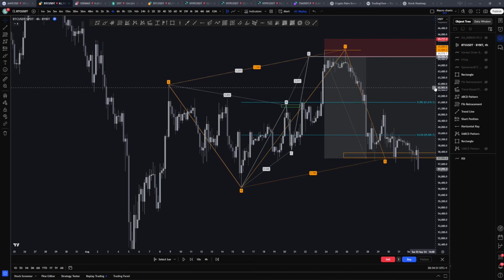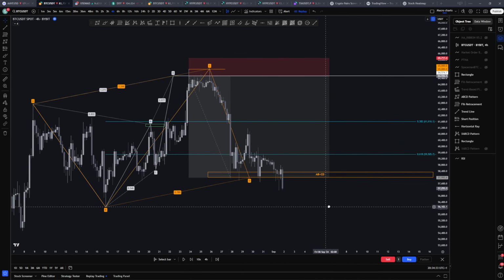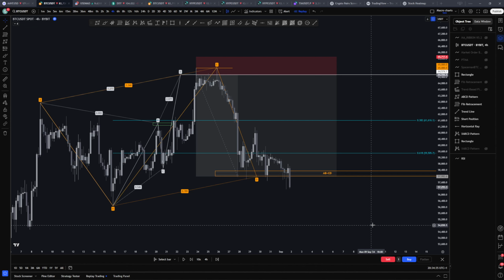So that is essentially what I wanted to go with today. That is essentially my harmonics crash course. So in about an hour, how do you look for harmonics? What are they made of? What harmonics do we have? How you trade them? What are your entries, TPs, all of that.